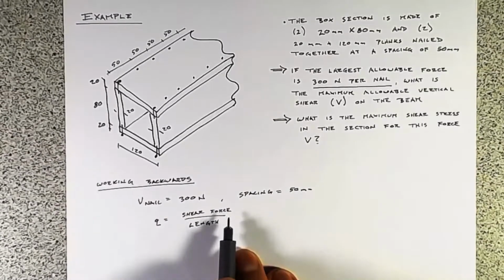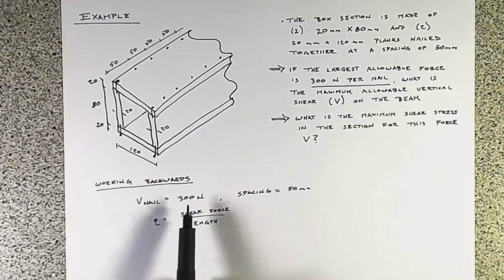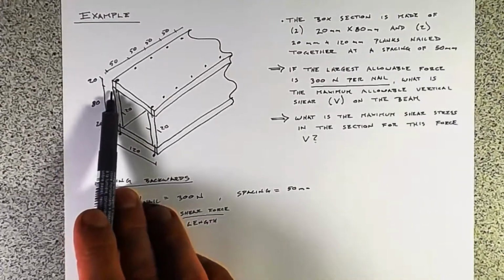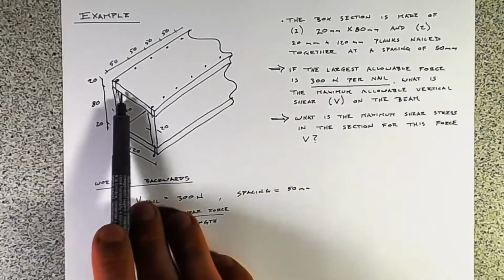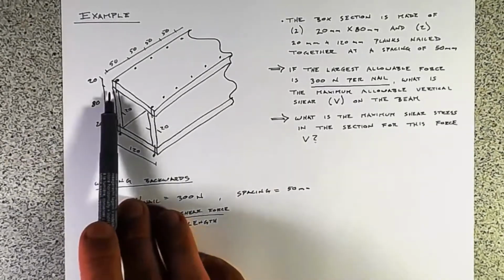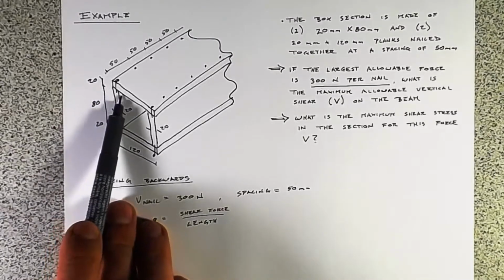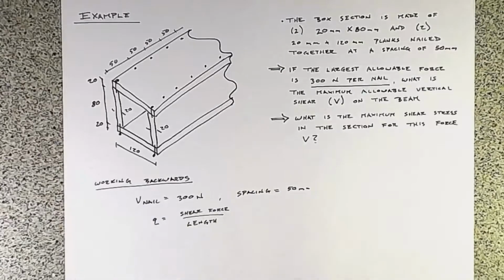We have a shear force and a longitudinal length, so we just plug these in. The only thing we need to be conscientious of is that for a given cross section, a given cut through here, we have two nails. If we're looking at this plane right here at the top of the webs, we've got two nails there. So we have to essentially double our V nail.